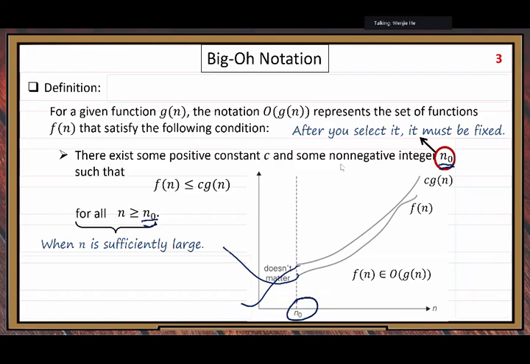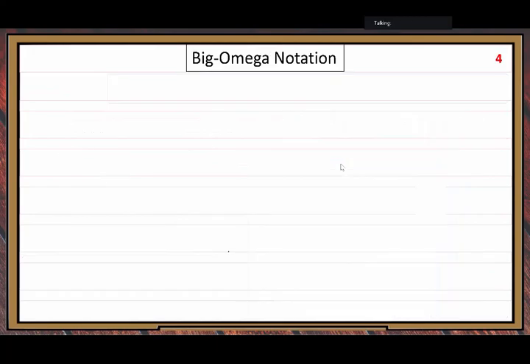The next two use a similar understanding, so based on this we can understand the other two asymptotic notations easily. Big omega notation: we just change from upper bound to lower bound.